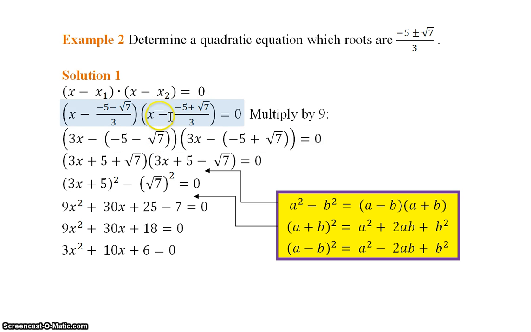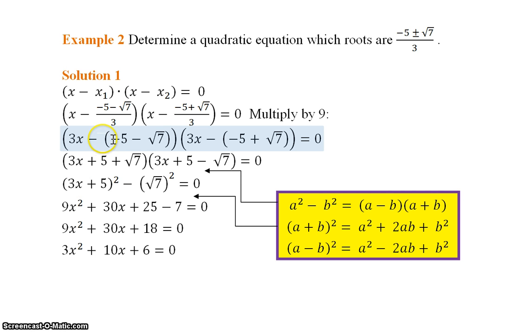Similarly, we multiply the second binomial in brackets by 3. We get 3x minus, in brackets, minus 5 plus square root of 7. So, to multiply the product of two factors by 9, we can multiply each of the factors by 3.